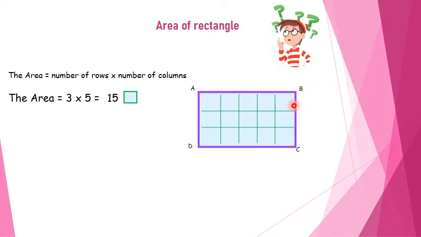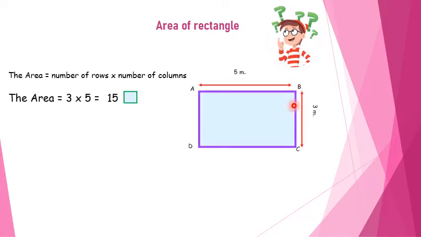What if I change this array by a rectangle? There's space inside of it, nothing written, but I know that this is 5 and this is 3. Before anything, you must know that this is called length and this is called width in the rectangle.